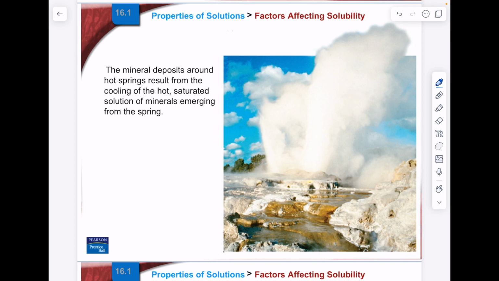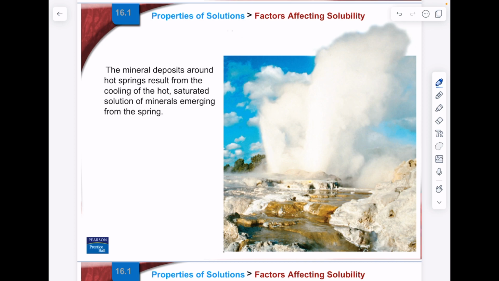Now, in Yellowstone, where I've been many times, you have super hot water due to geothermal activity underneath. That super hot water will have a very, very high concentration of dissolved salts in it, such as calcium carbonate.